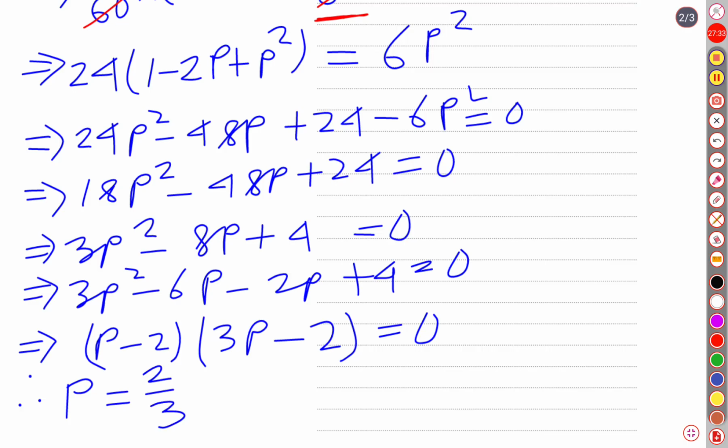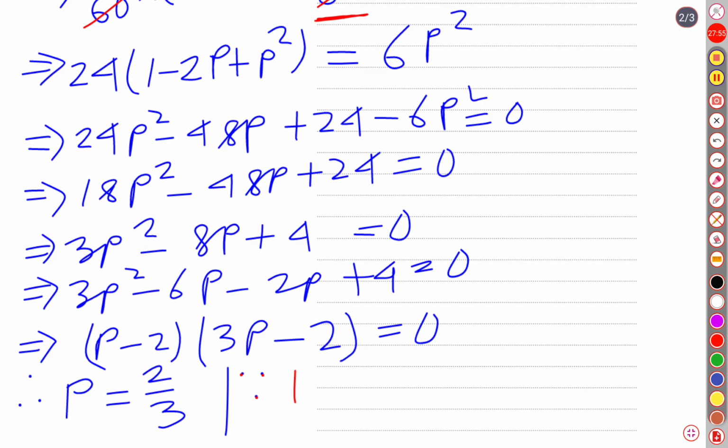Now you may ask, why did we ignore the other root? Let me show. Since p equal to 2 is not valid, probability can never be greater than 1.